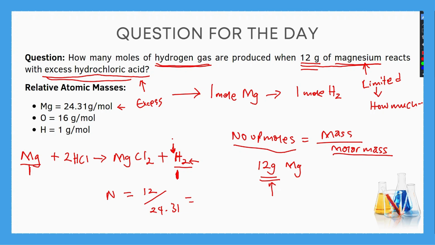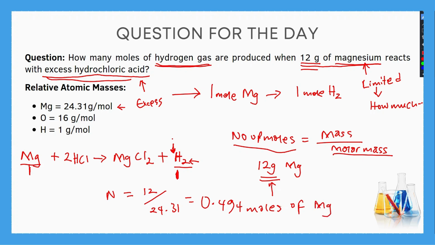So when we go ahead to say 12 divided by 24.31, we end up having 0.494 moles of magnesium, Mg.